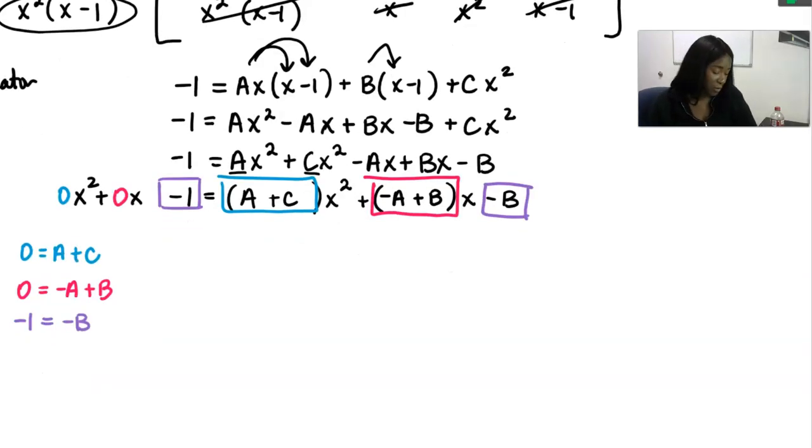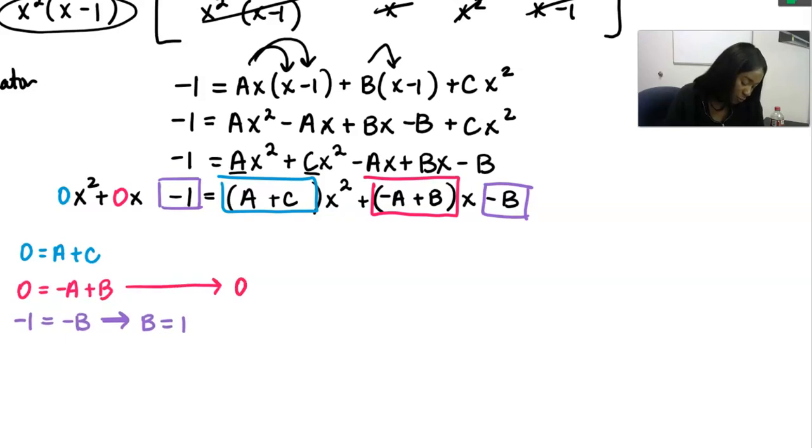To start solving these equations, if negative 1 is equal to negative B, that very quickly tells us that B is equal to 1. If B is equal to 1, let's go look at that second equation. We can plug that in. That means the second equation turns into 0 equals negative A plus 1, which then tells me, by adding A to both sides of this equation, that A is equal to 1.